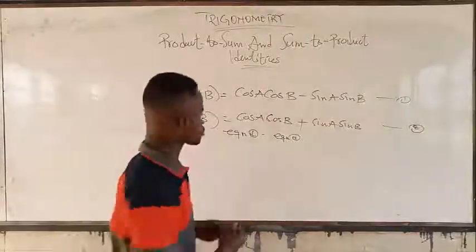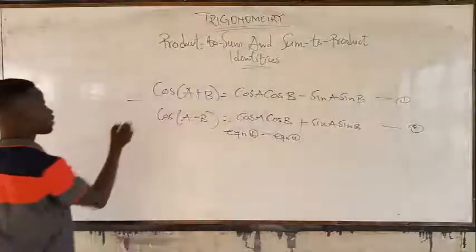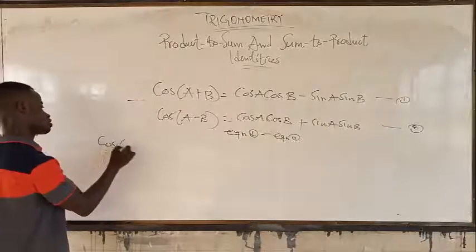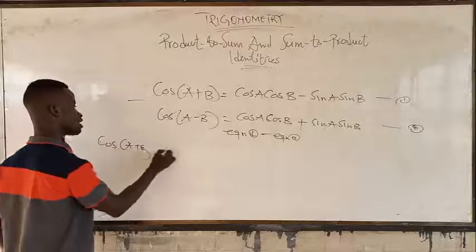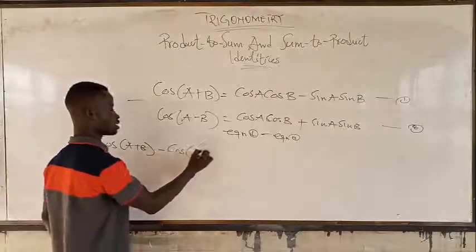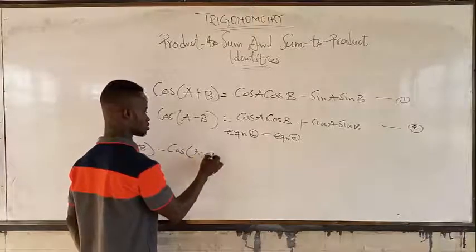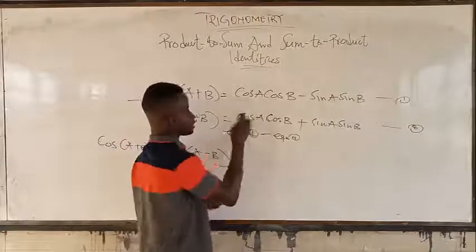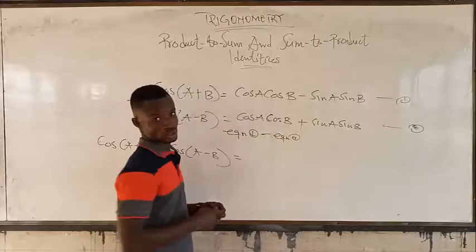What if we subtract? What are we going to get? Cos A plus B minus cos A minus B. Now, this minus this, 0.